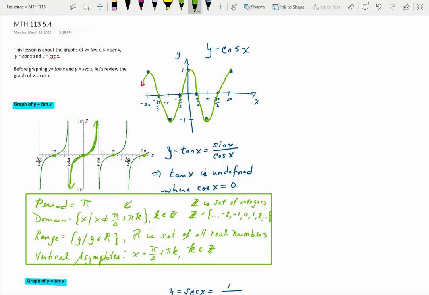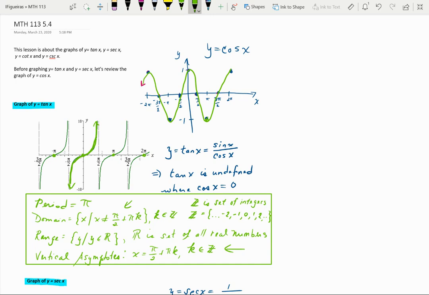So your asymptotes are the vertical lines x equals pi over 2 plus pi k, where k is an integer. That allows you to represent the domain, range, and asymptotes for any graph of tangent of x, not just for one or two periods, but for infinitely many periods.